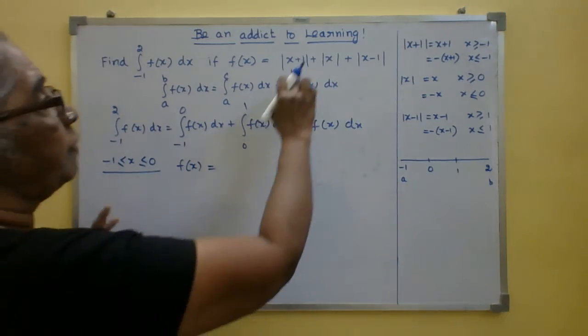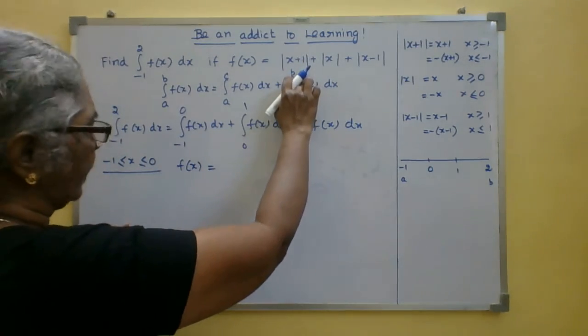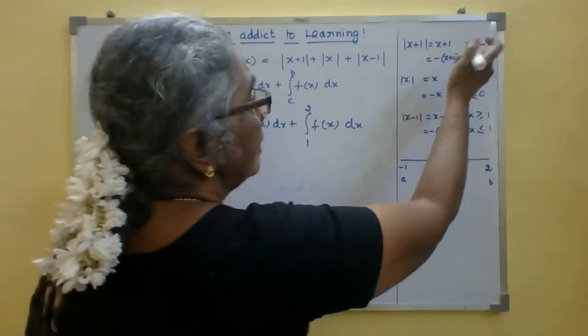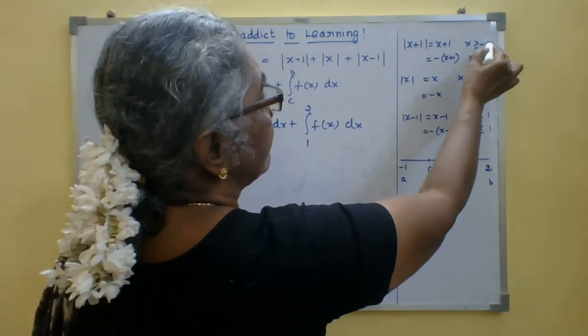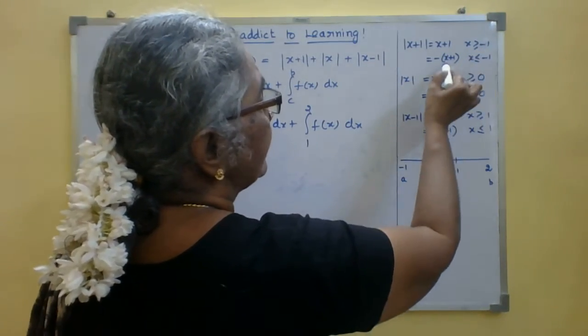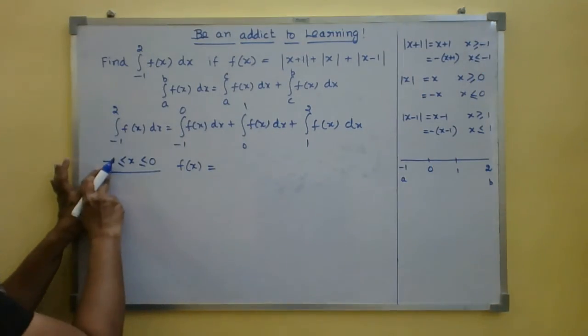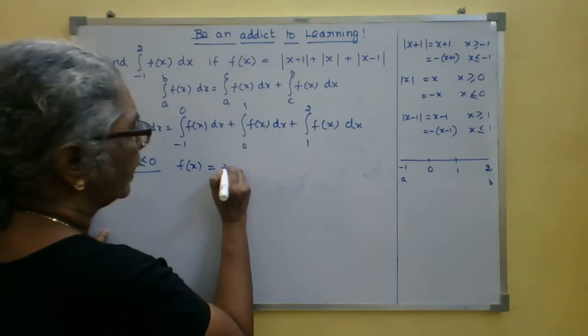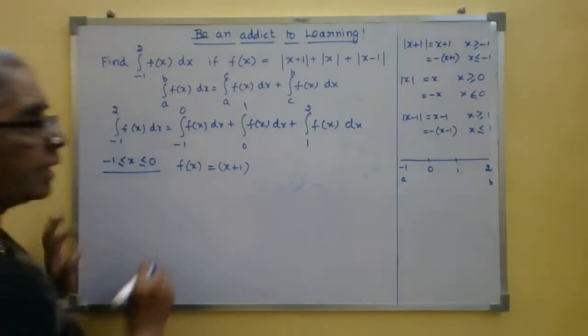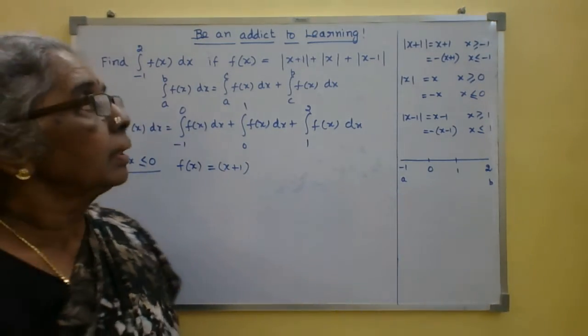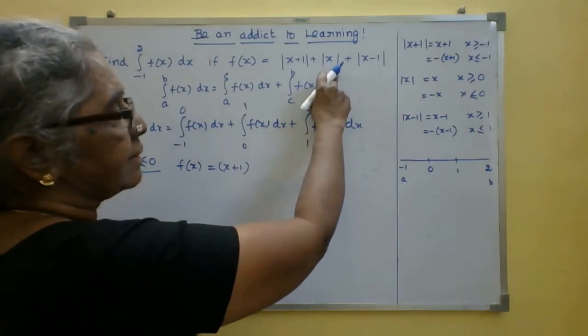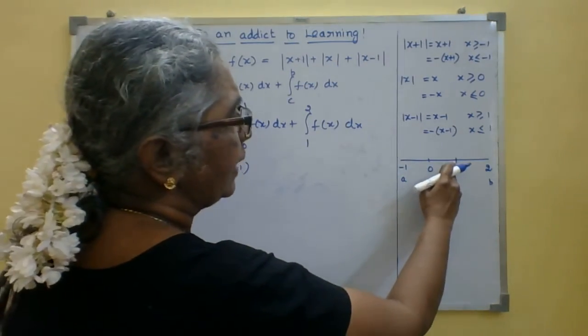If you consider the first one, that is mod x plus 1, it is positive when it is greater than or equal to minus 1, and negative when it is lesser than or equal to minus 1. Now here it is greater than minus 1, so that will be x plus 1. That is, the first part is positive. Coming to the second one, mod x. When it is greater than 0, it is positive.